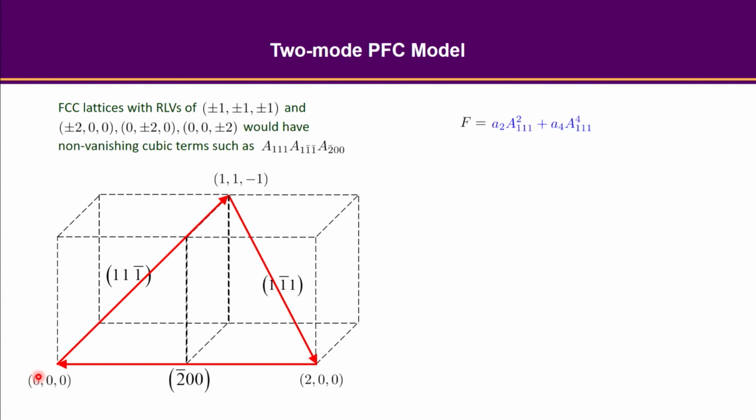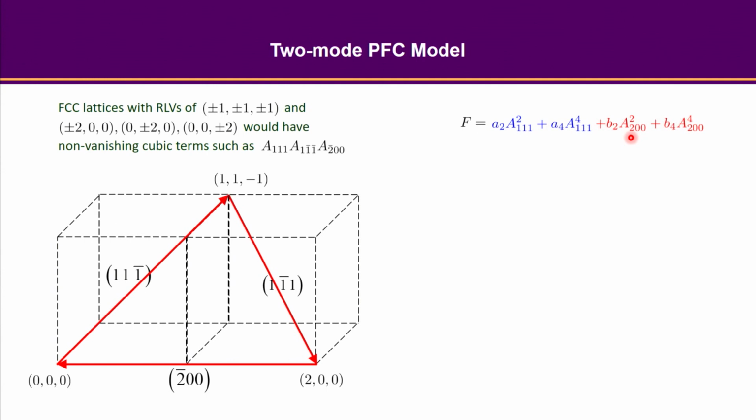Then in this sense, you are expecting the Ginzburg theory to look something like this. Just by 1, 1, 1 alone, you can only pick up the quadratic term and the quartic term. And just by considering the 200 mode, you can also only have the quadratic term and quartic term, because you won't be able to have three 200 modes give you a zero vector sum, right?